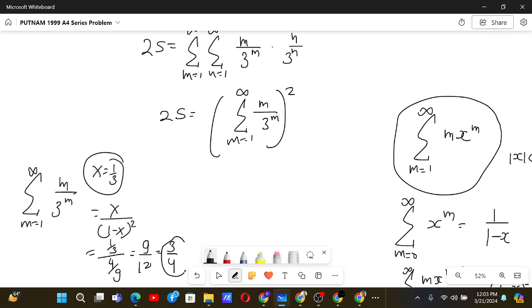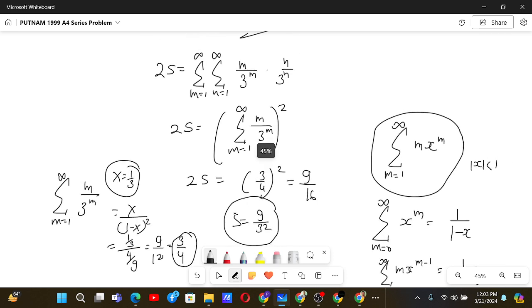Now 2s is equal to 3 by 4 whole squared, and that is 9 by 16, so s is 9 by 32, and we get our answer.